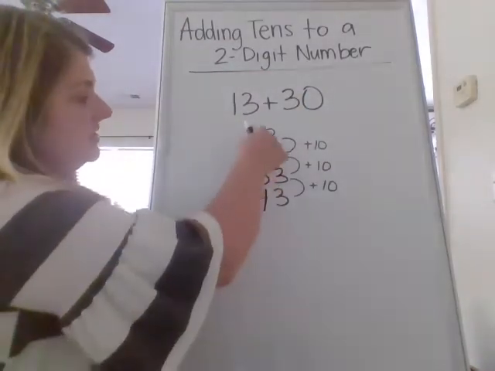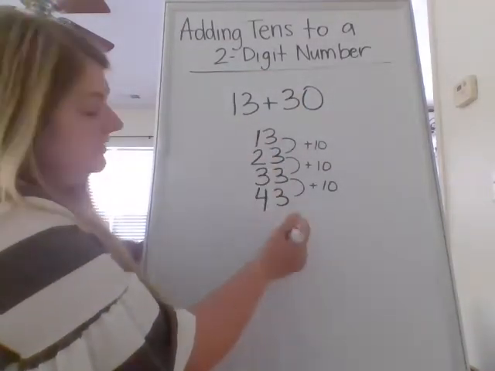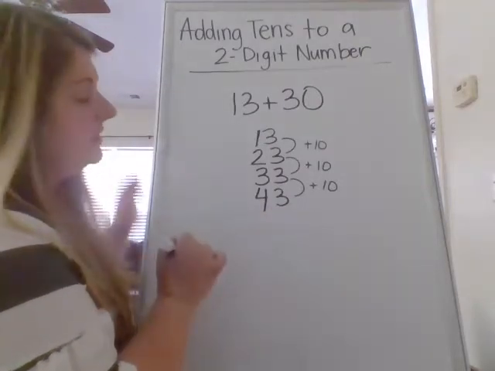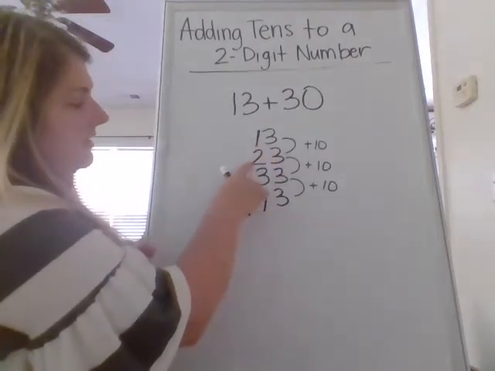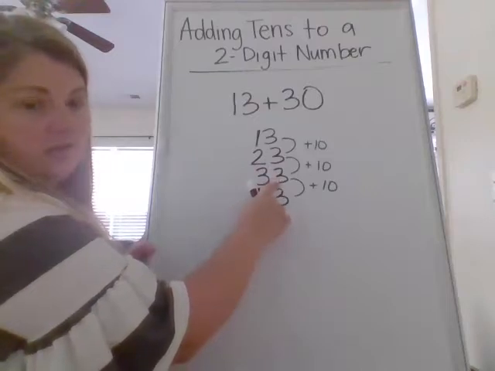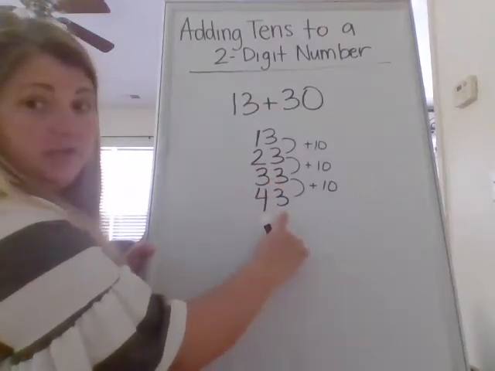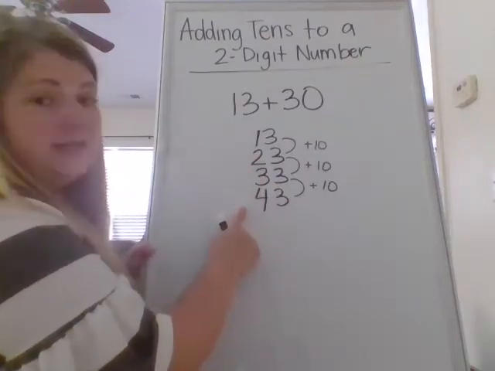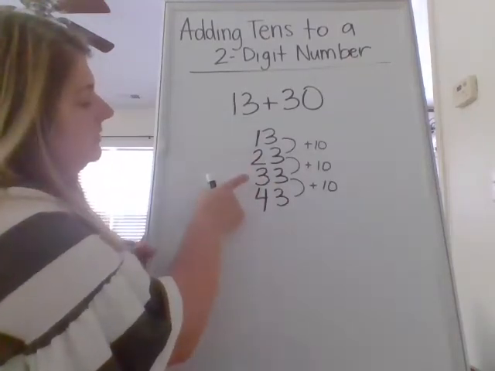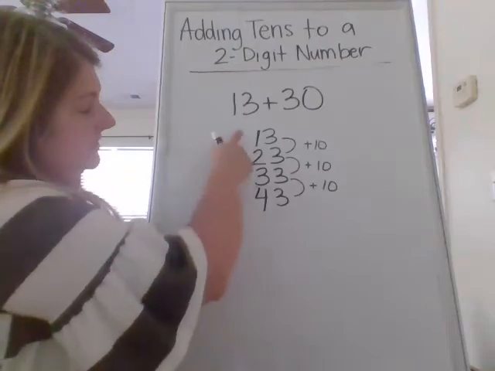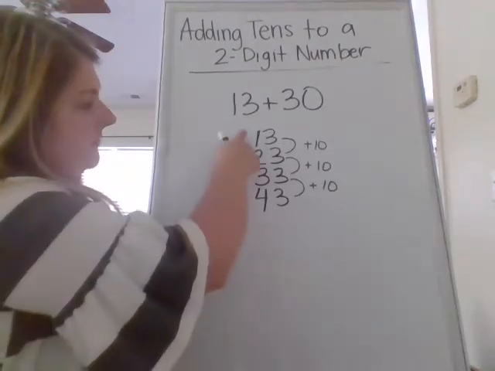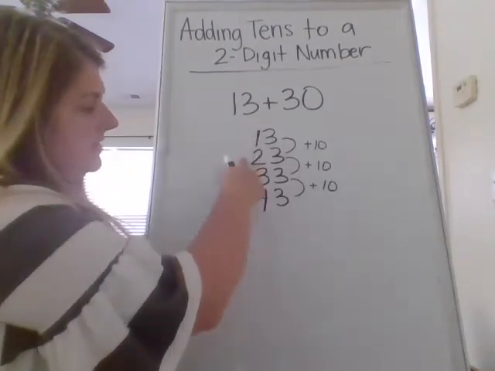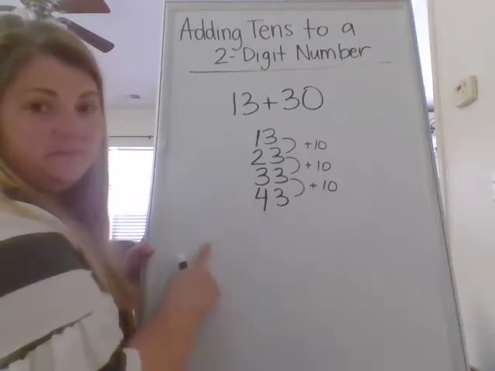Okay, let's look at our digits. Did the digit in the ones place change? Let's look. 3, 3, 3, 3. Good. It did not change. Let's look at the digit in the tens place. 1, 2, 3, 4. It's just like you're counting on from whatever number you start with. You're adding a 10 each time.